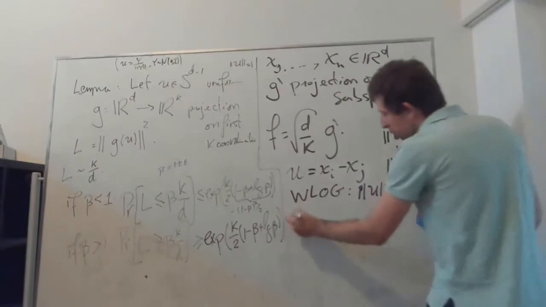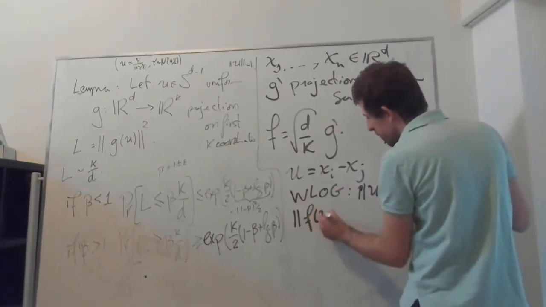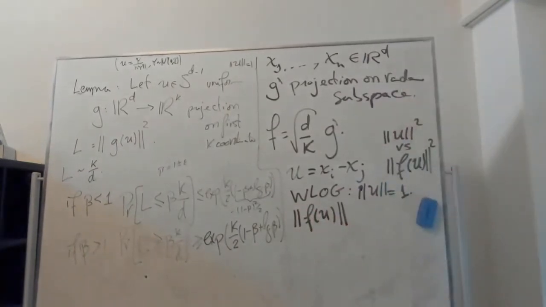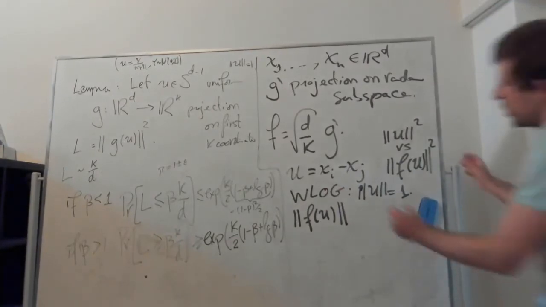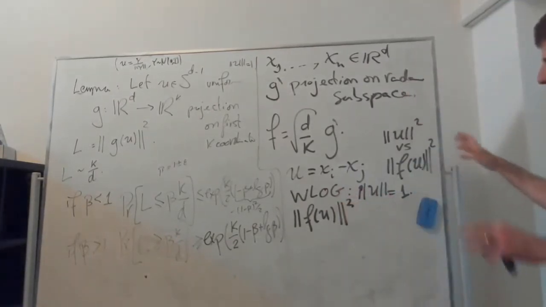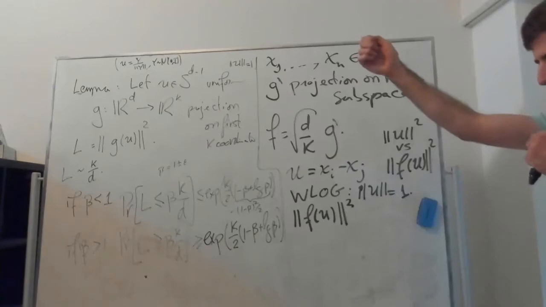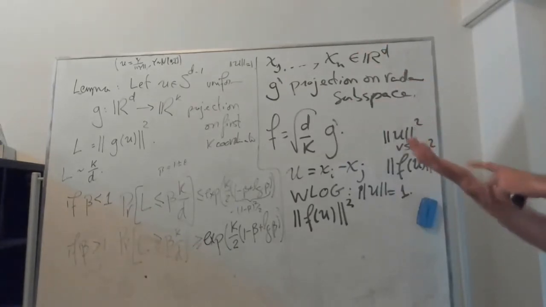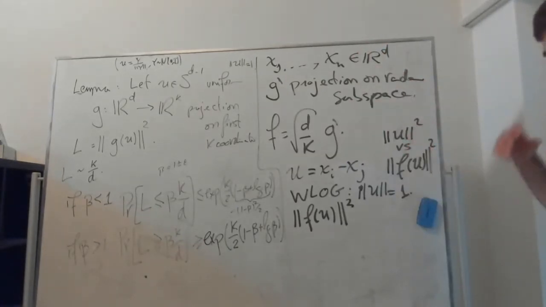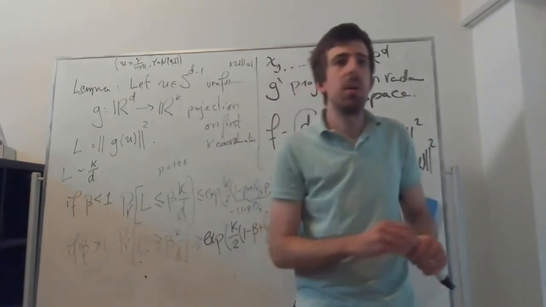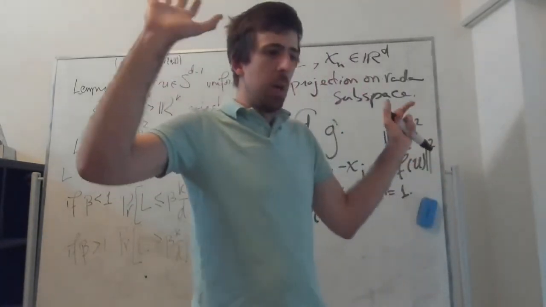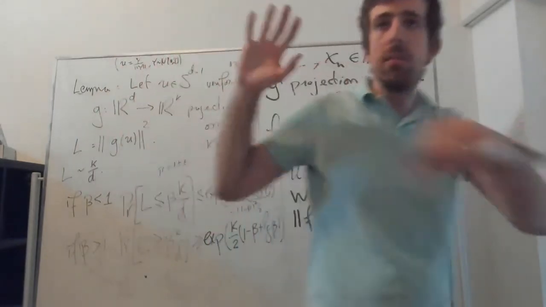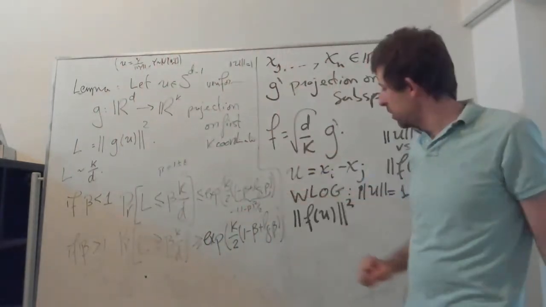And then, what is the distribution of the norm of fu squared? I take my vector u with norm 1, take a random projection on the k-dimensional subspace, and take the norm squared. It's exactly the same thing as considering u random and fixing the projection. I'm just randomly rotating my space to make the projection a fixed one.